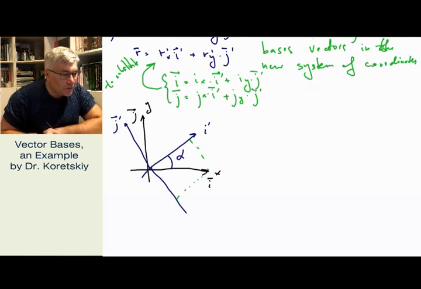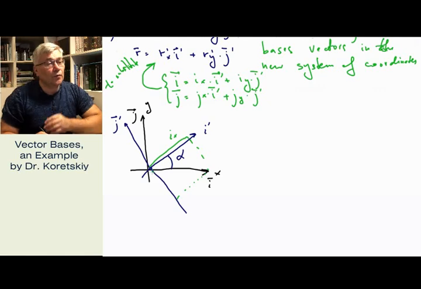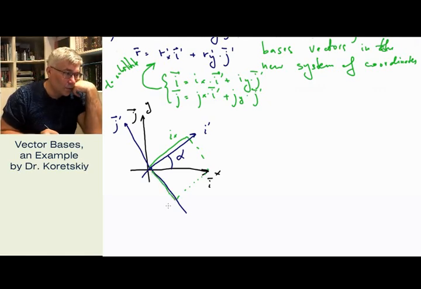Because the length of the i vector is 1, ix is the length of i times cosine alpha, since this ix is the adjacent side.